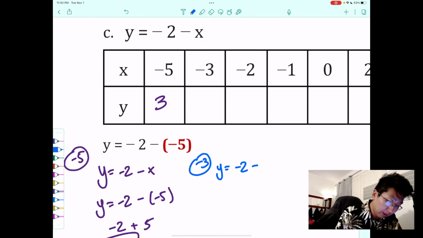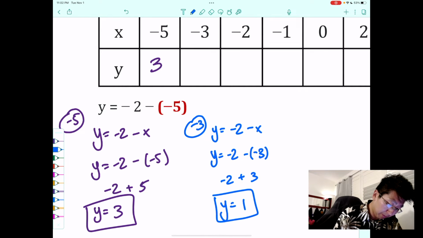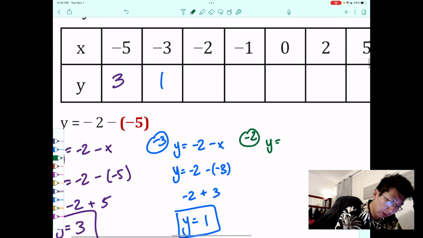Y equals -2 minus x. For x, I'm going to plug in -3. Y equals -2 minus -3. This is the same thing as saying -2 plus 3. So y equals 1. For -2, y equals -2 minus -2.